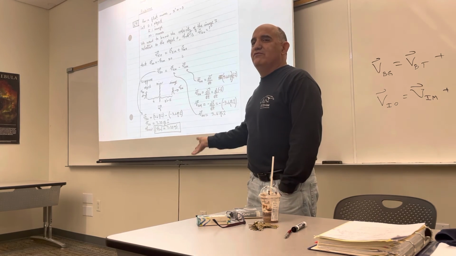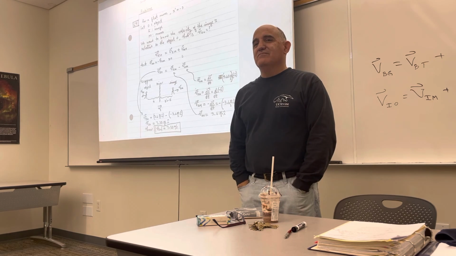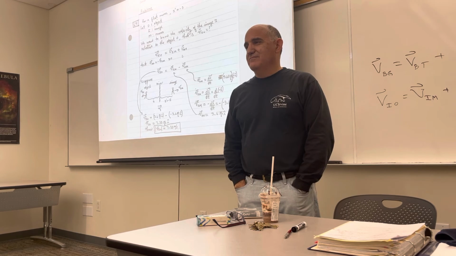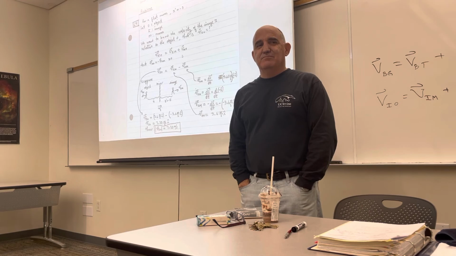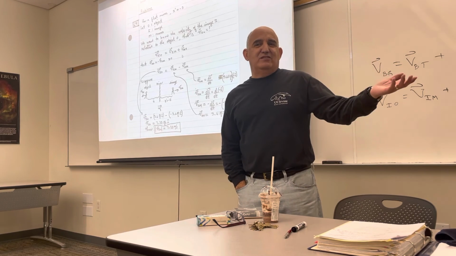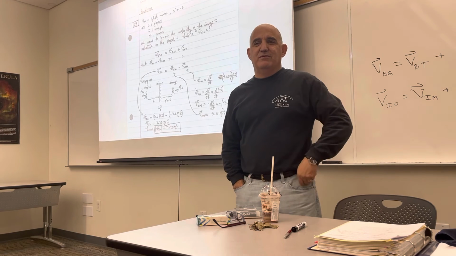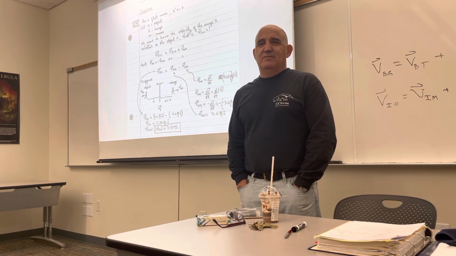But this is how you prove it, that the logic is good. But yes, your image is moving away from the mirror just as fast as you are moving away from the mirror. So it should be 2 times your velocity.